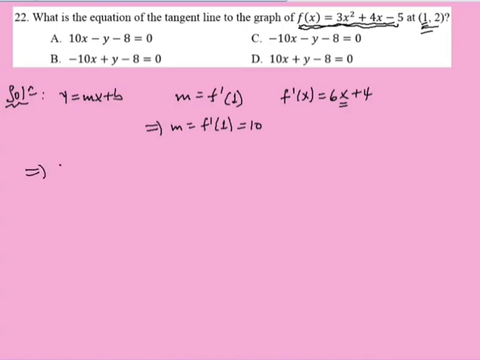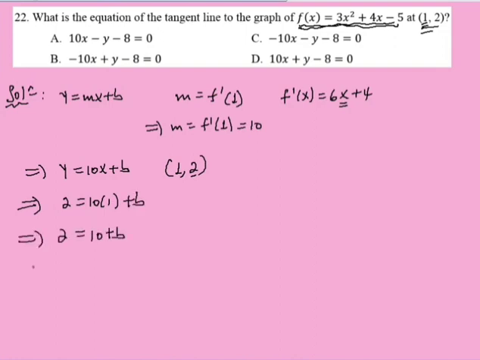Therefore, the equation of the line becomes 10x plus b. Okay. Now to determine b, use the point 1, 2, because the line passes through this point. At this point, y is 2 and x is 1. Then this becomes 2 equals 10 plus b.